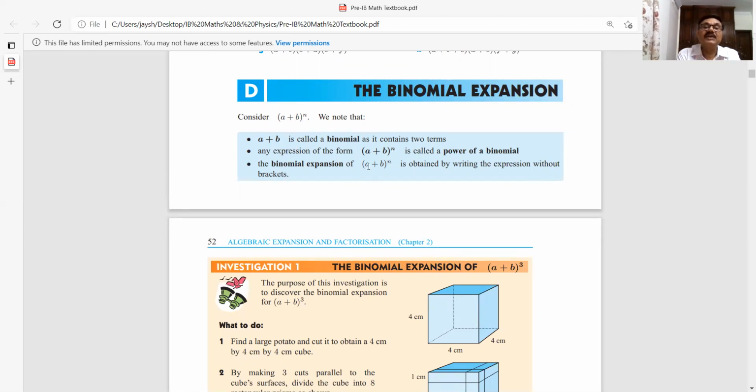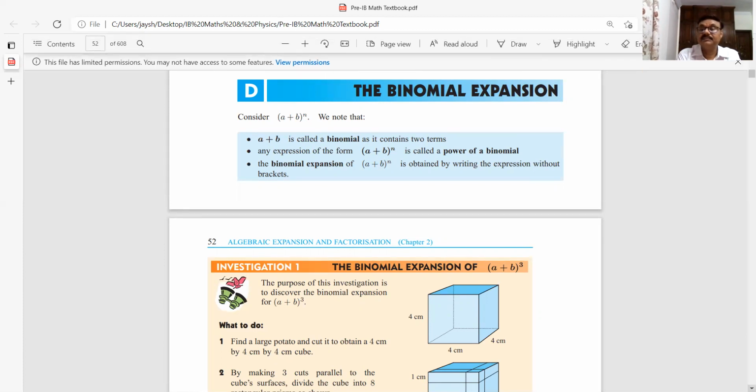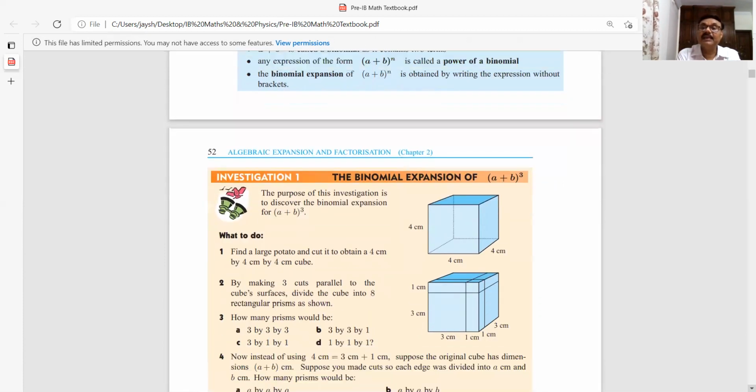The binomial expansion of (a + b) to the power n is obtained by writing the expression without brackets, meaning we are going to just expand this. And I will teach you the easiest method of doing this. We'll do this by Pascal's triangle.